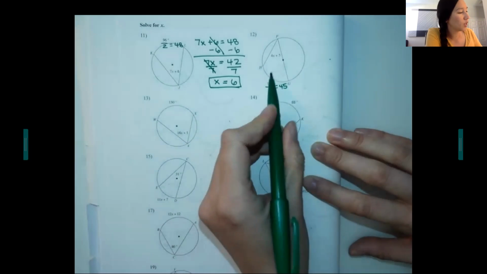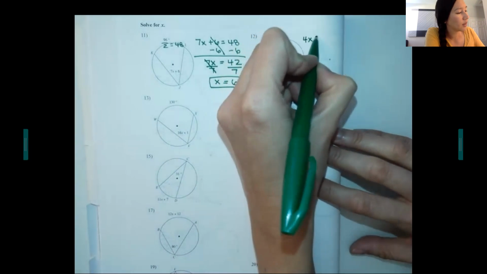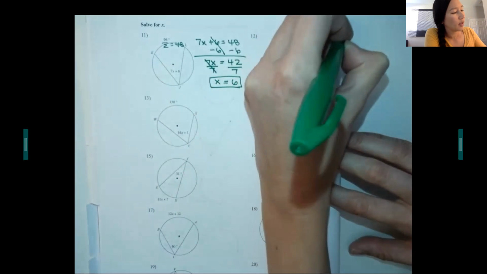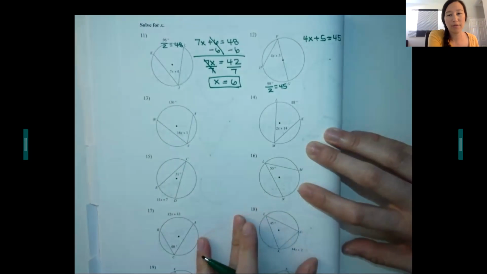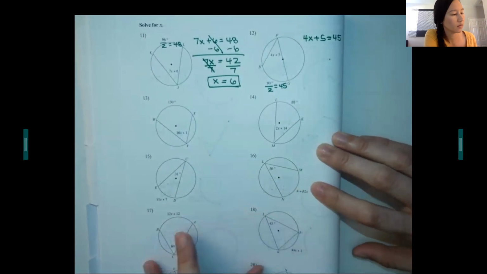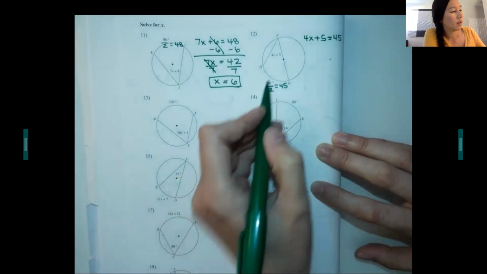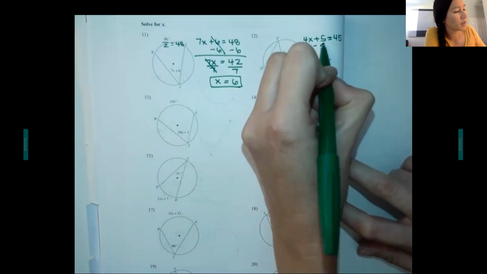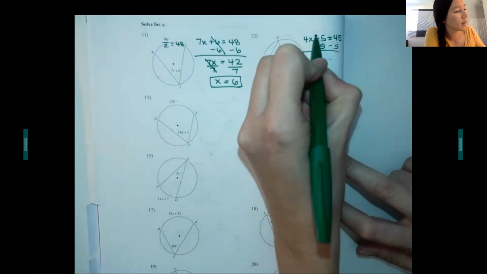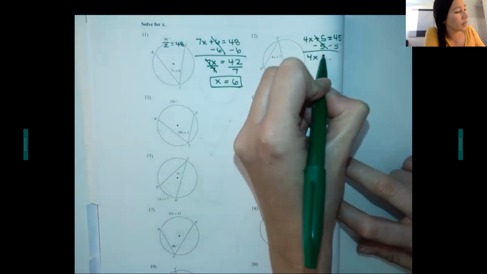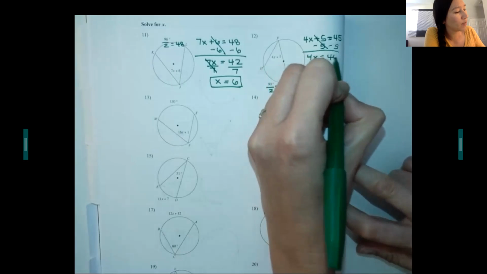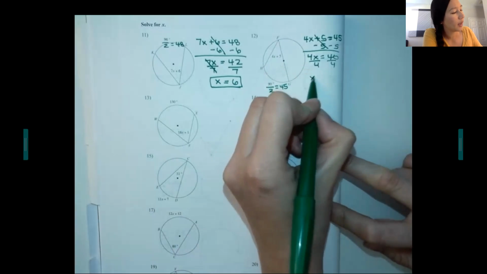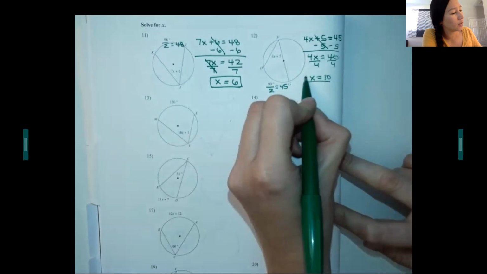So then our equation would be 4x plus 5 equals 45. That's the hard part, just setting up the equation, and then we just solve. So we subtract 5 from both sides. 4x equals 45 minus 5, which is 40. Divide both sides by 4, and x equals 10.